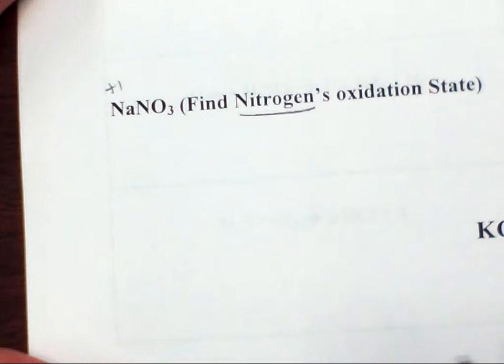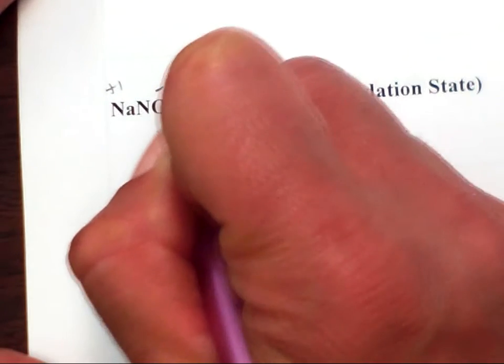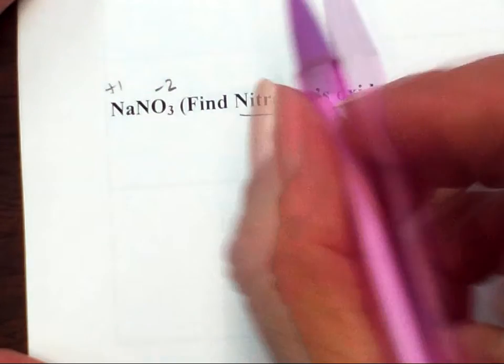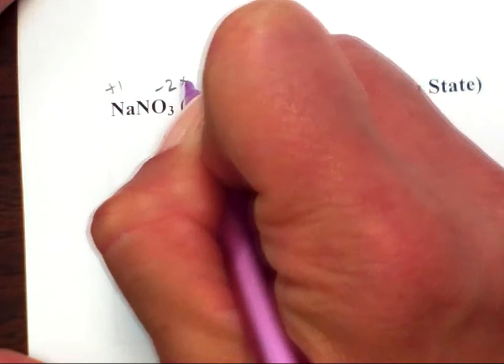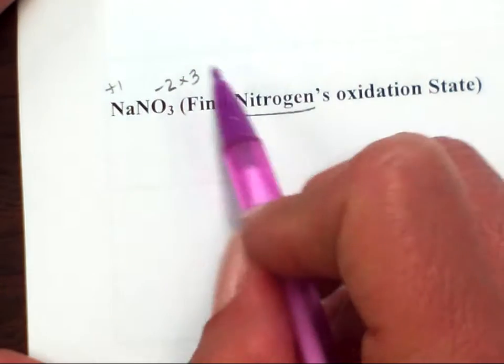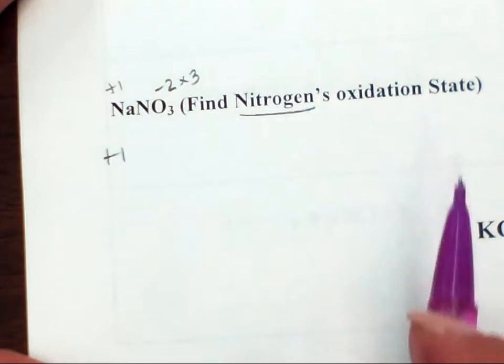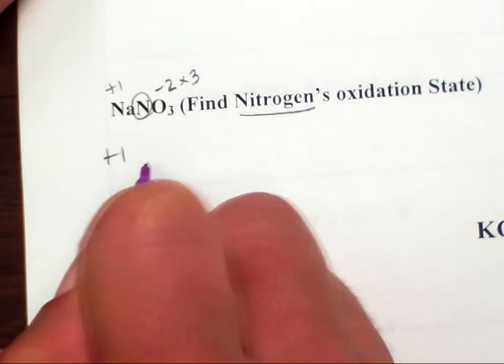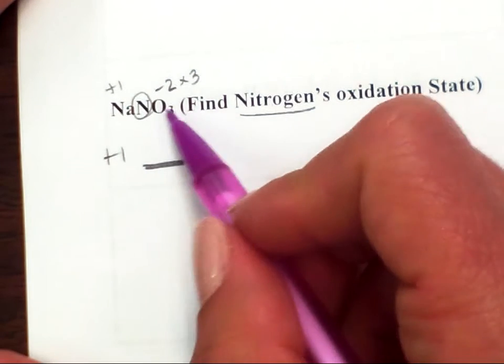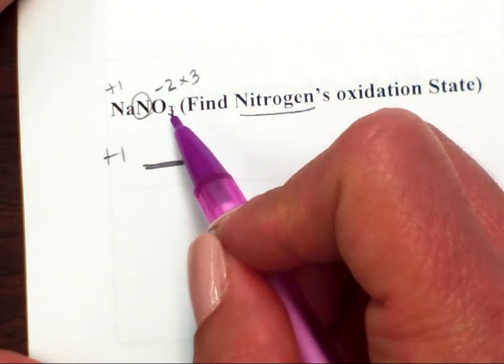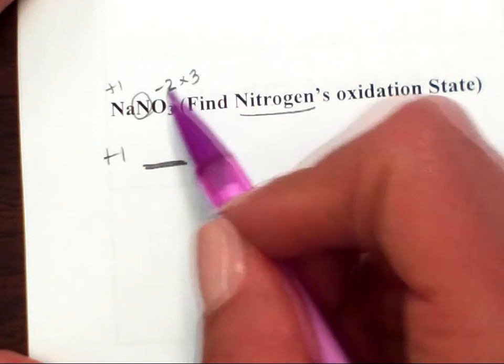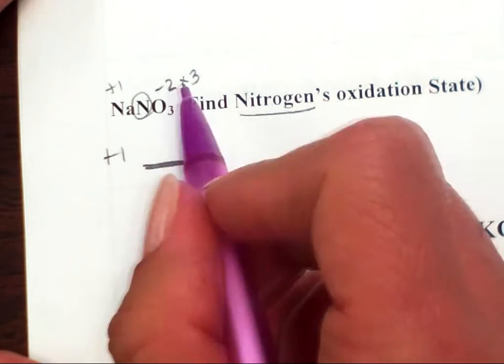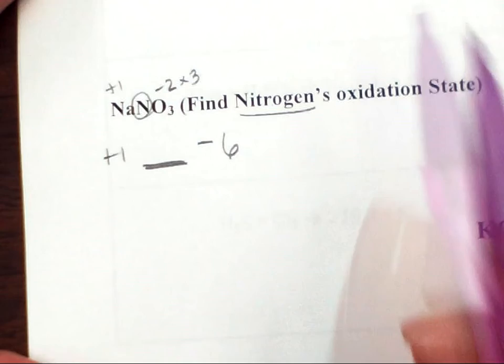If you look up oxygen, it's a -2, but there's a total of 3 of them, okay? Meaning you have a +1. We have no idea what nitrogen is. We're trying to find it, okay? And together, the -2 charge of the 3 oxygens would equal -6.